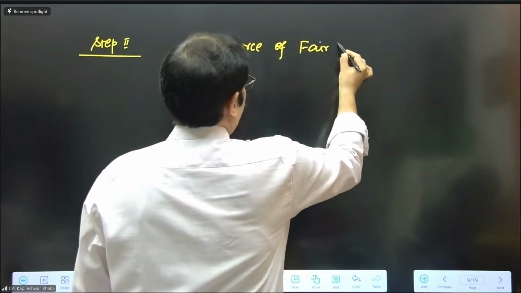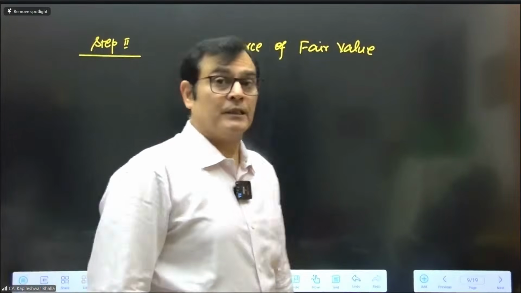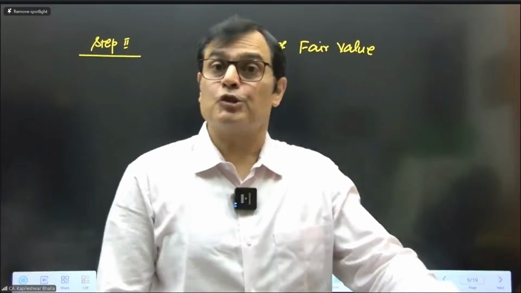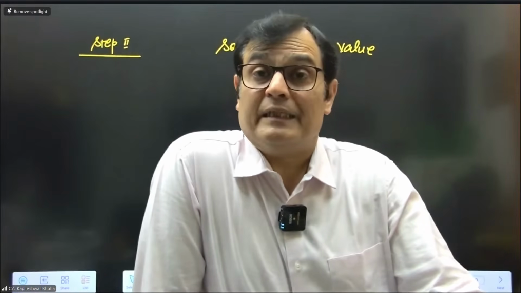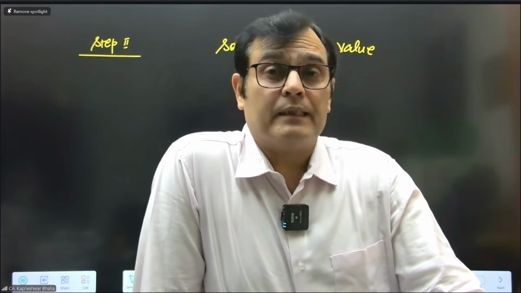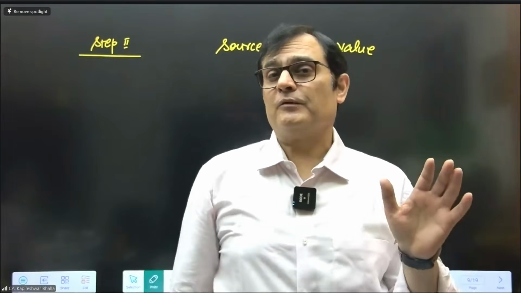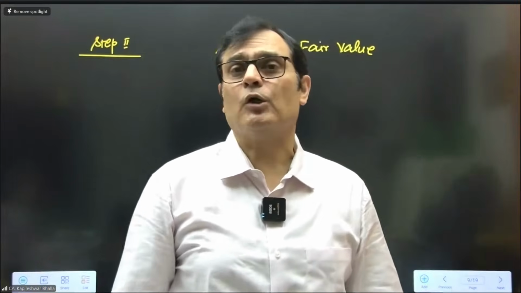The second is to see the source of the fair value. Now you would recall that when you look at the source of the fair value, it is either supposed to be observable data or it is unobservable data. If it is supposed to be observable data, in that particular case, the difference between the transaction price and the fair value is called a day one gain or loss as per Ind AS 113.